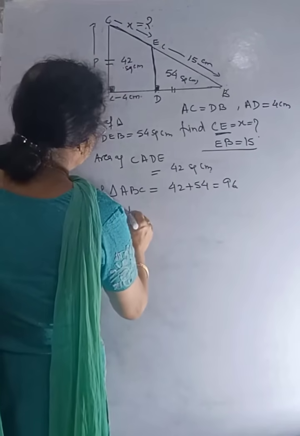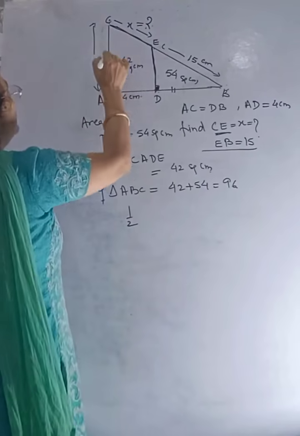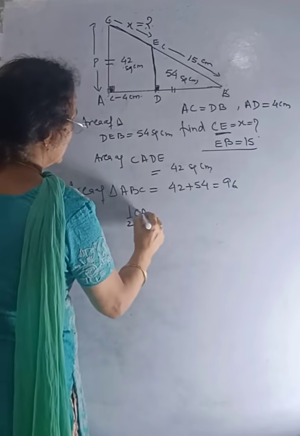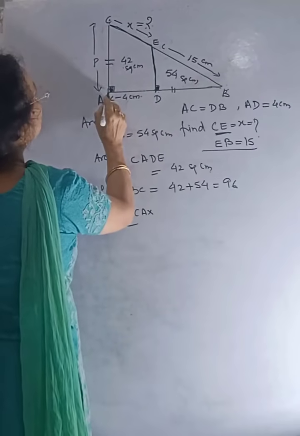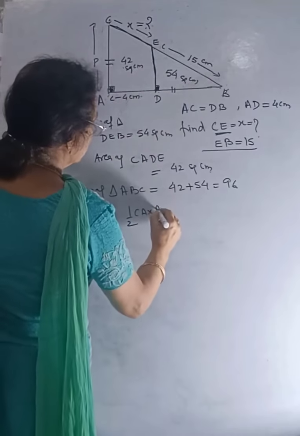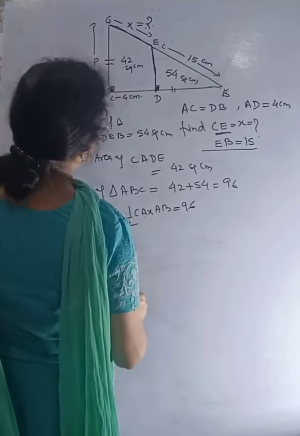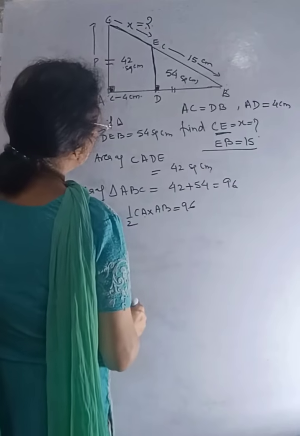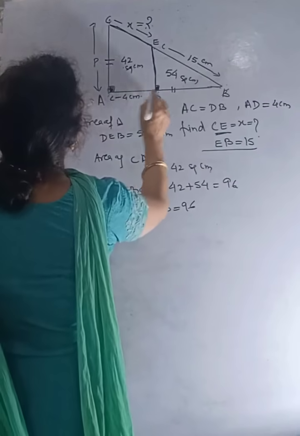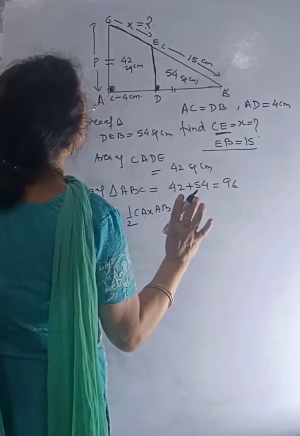So this can be written as 1 by 2 CA into base AB. This is 96, or CA can be obtained from here because AB is not known to us.